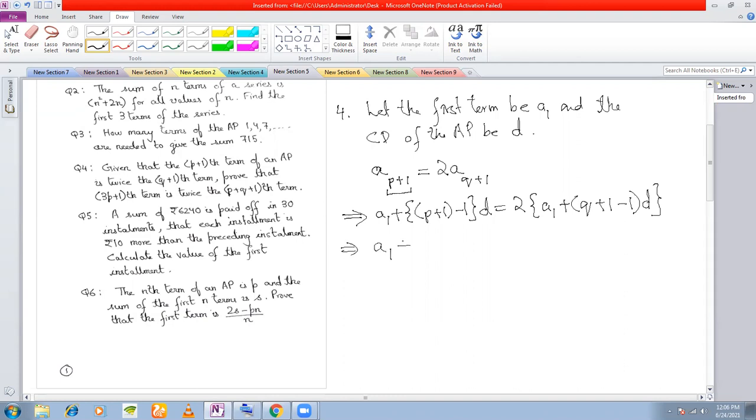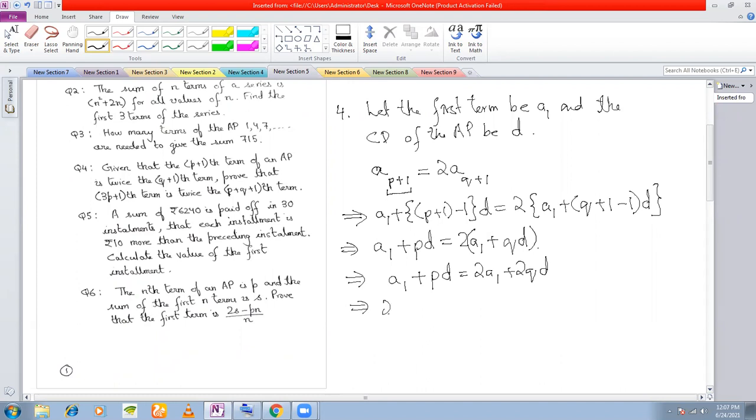So you have a1 plus pd is equal to twice (a1 plus qd), that is, a1 plus pd is equal to twice a1 plus twice qd.